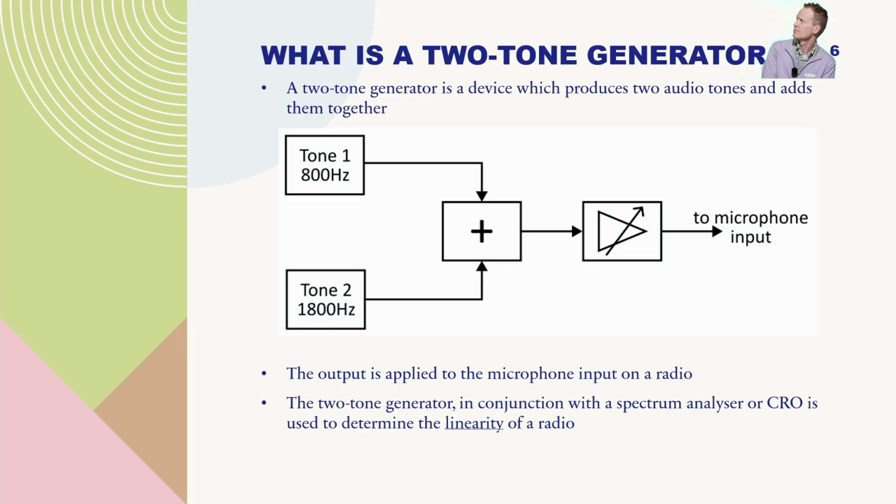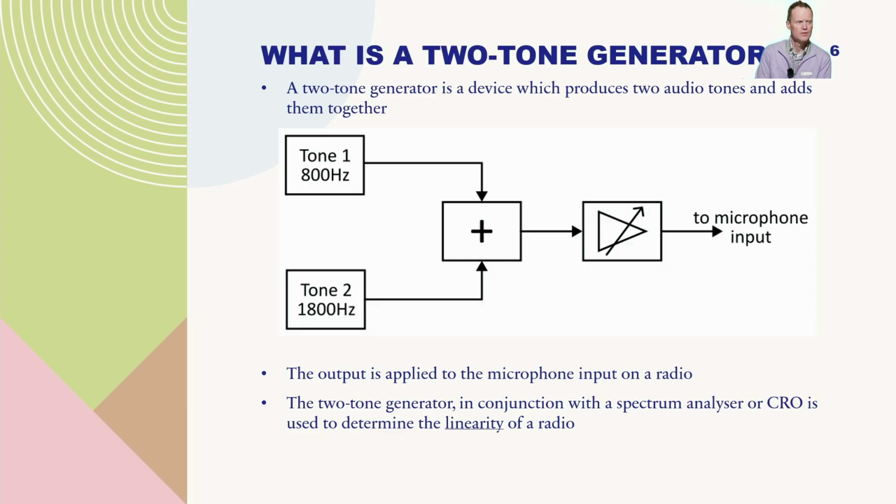So in this case, I've got an 800 hertz tone and an 1800 hertz tone. And then I've got a summing block here, or adding block, which adds the signals together, and then an amplifier here to control the gain or the level of the audio going into the microphone input of a radio.